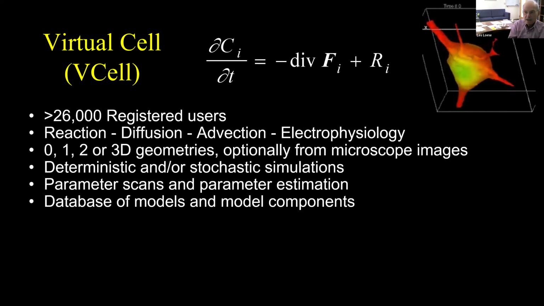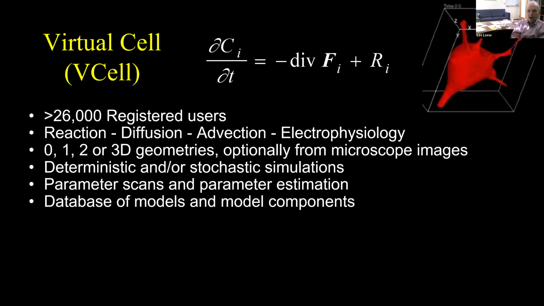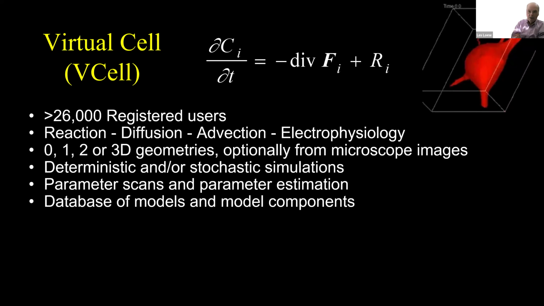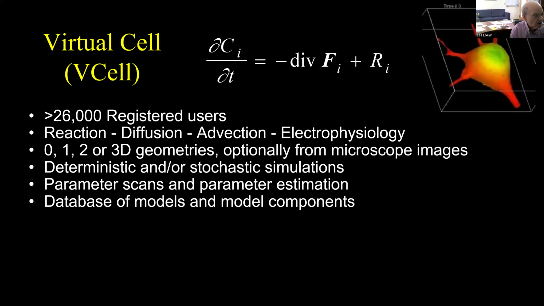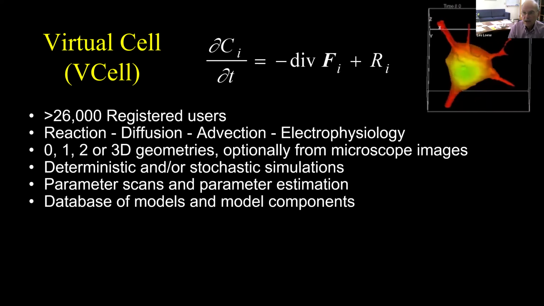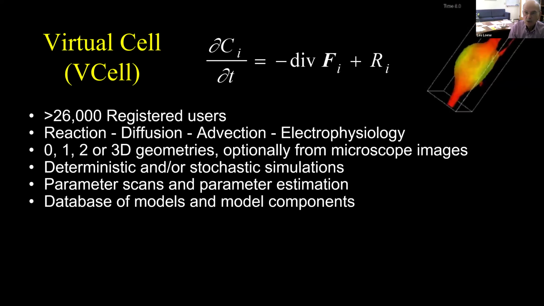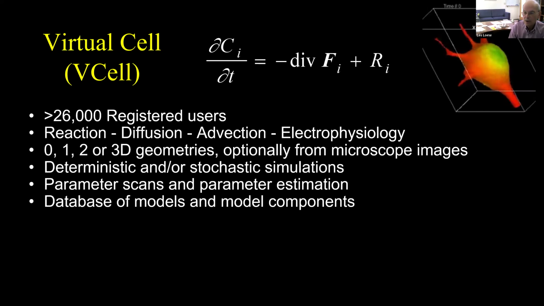Virtual Cell is built on top of a database. So you can store your models on our servers if you wish. You can also search for models that other people have made available on our servers. So that's another component of Virtual Cell, and it's a client-server tool so that you can also run your simulations on our servers.